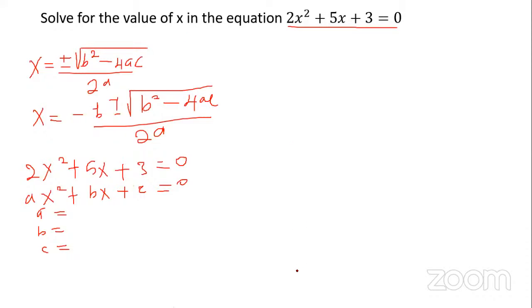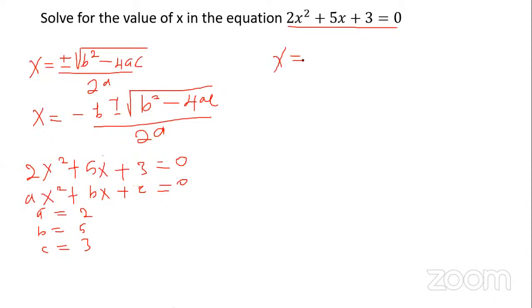A is going to be 2. Yes. B is going to be 5. Then C is going to be 3. Thank you. So we are now going to substitute in the formula.